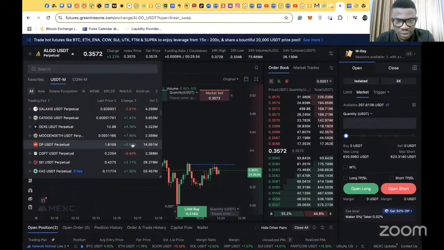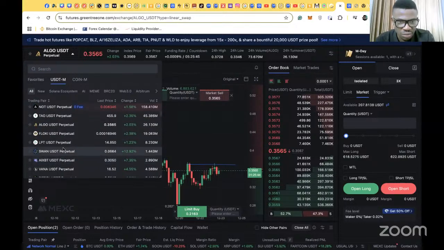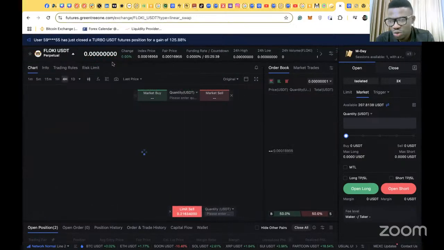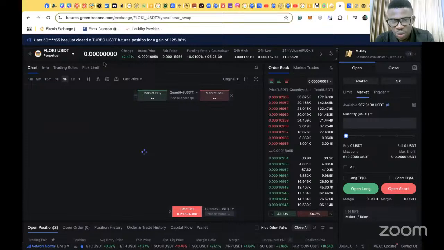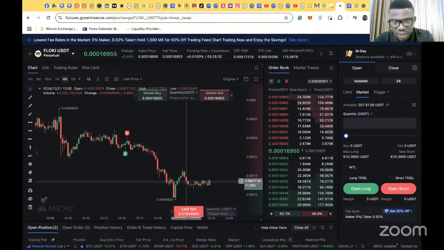Then we can give a good example with something that has CGPT USD perpetual. I don't know what this is, so let me cast USDT. It's one USDT flow key. This flow key is a popular coin and is quite cheap. What I'm seeing here is an irregular pattern that's still ranging.